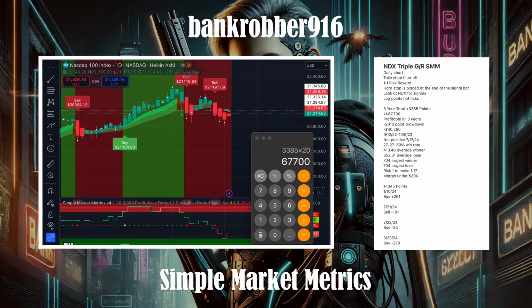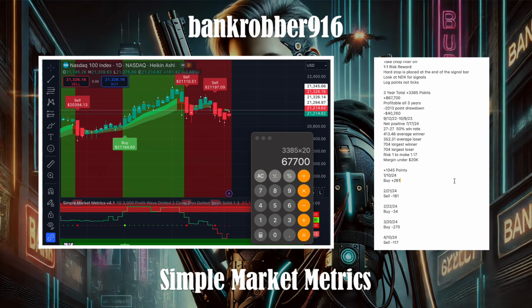It's pretty equivalent to the other one. But your drawdown was over $40,000 on this for a one lot. So that was from September 12th of 2022. So that happened, and then October 9th of the next year. So it didn't become net positive again until July 17th of 2024.